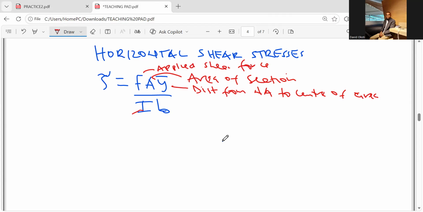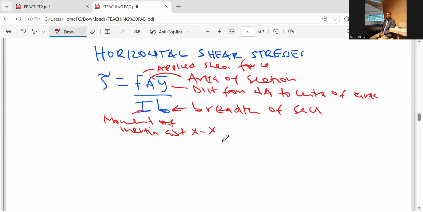This is the moment of inertia of the entire section about the x-axis, and then finally this is the breadth. Breadth is the same as the horizontal dimension of the section.